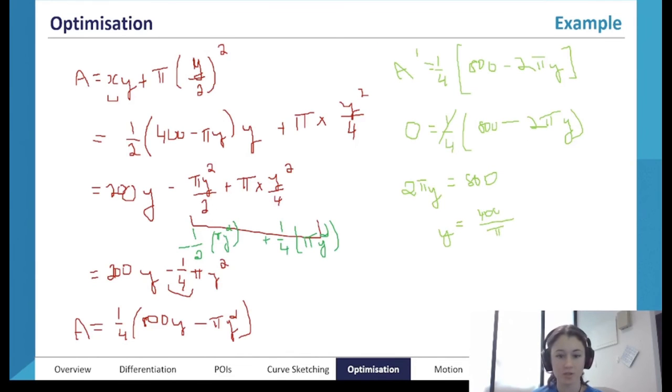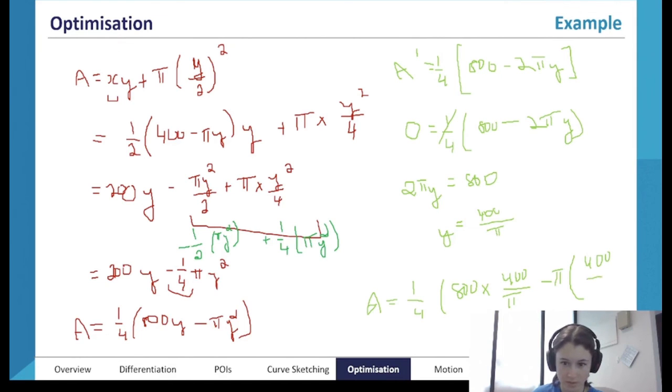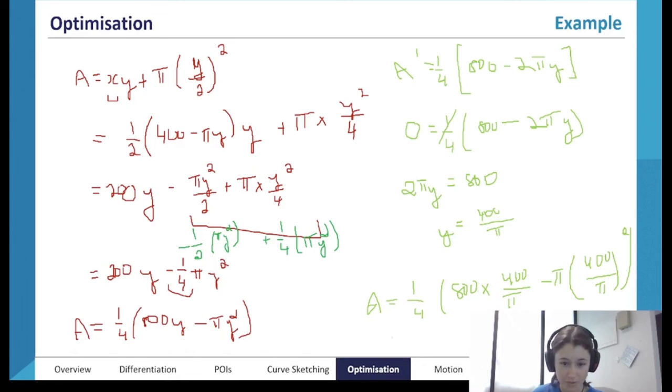So we have an equation for area in terms of y, so we can just sub this in. We're going to get area equals 1/4 outside of 800 times 400 on pi, take pi outside of 400 on pi squared. So now we need to simplify this.